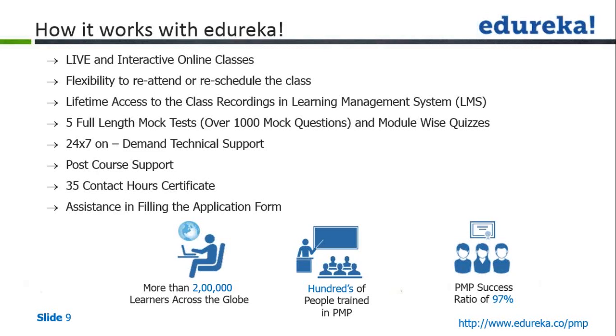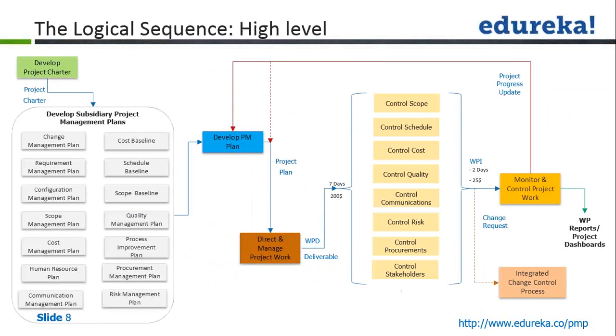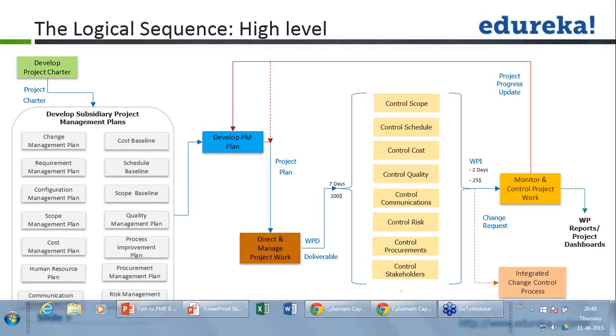I will take you back to the slide where I showed this PM plan. Yes, this list is not just limited to these components. We have pretty much everything: your change management plan, requirement management plan, configuration management plan, process management plan. You may have some additional planning components as well. Generally, we have covered everything in this one, but you may add more things as well. PMI gives you flexibility in doing that.